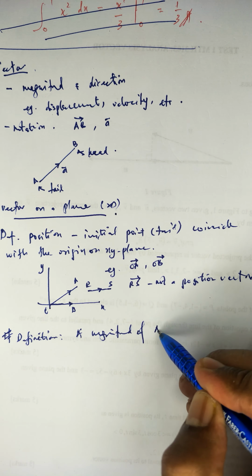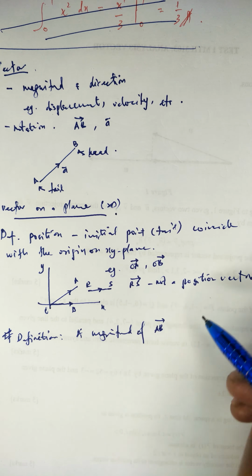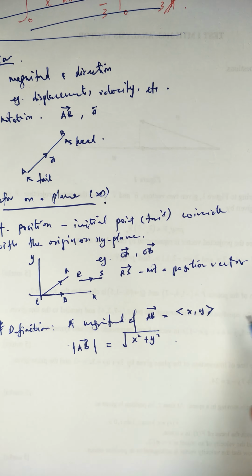The magnitude of vector AB, with components, let's say, x, y, we denote as the magnitude of AB, and we define it as the square root of x squared plus y squared.